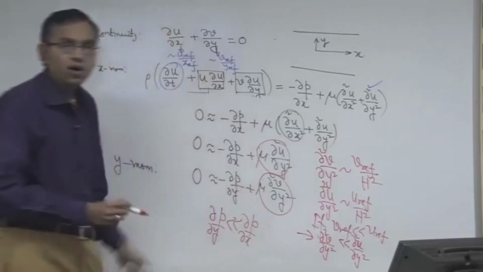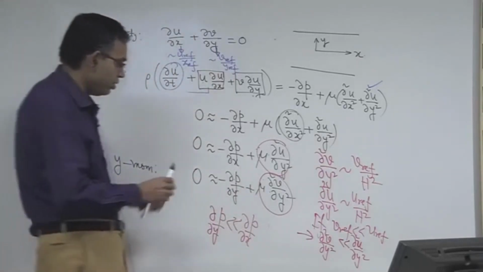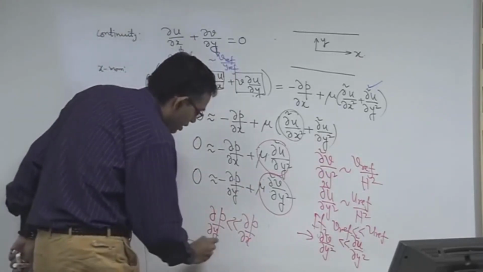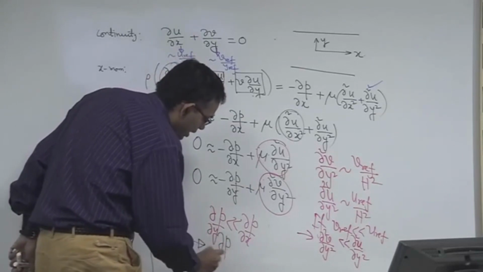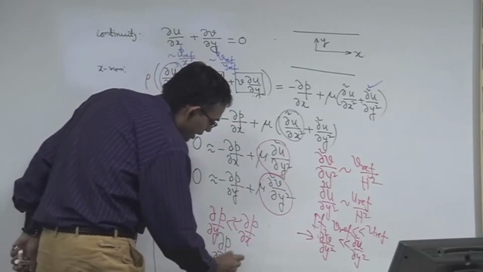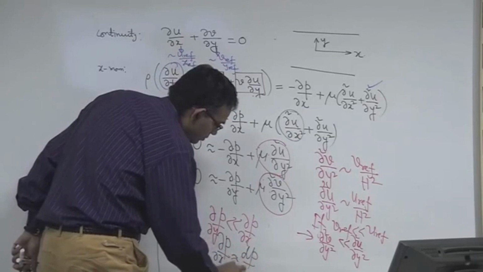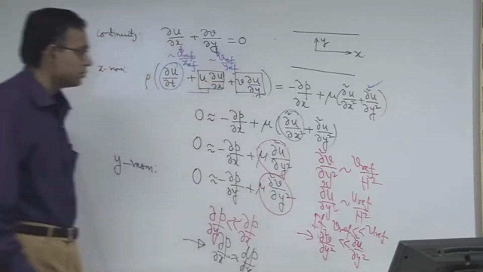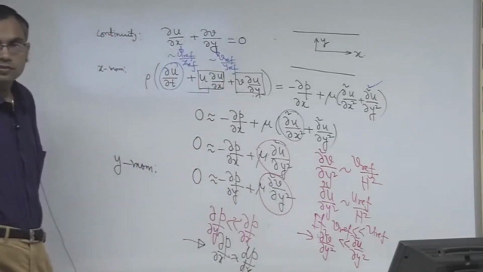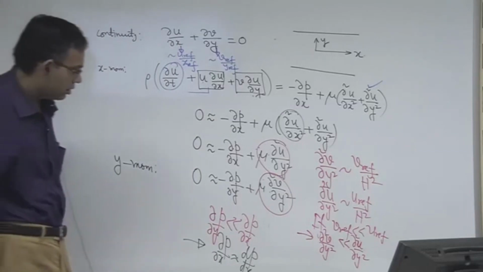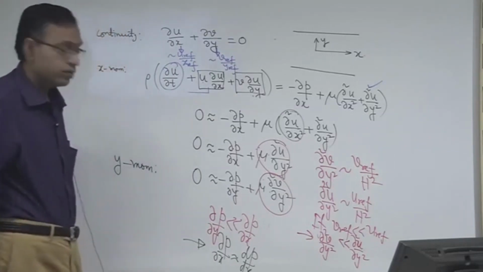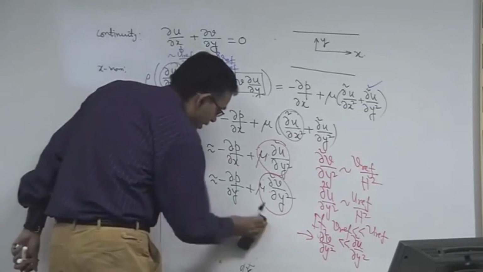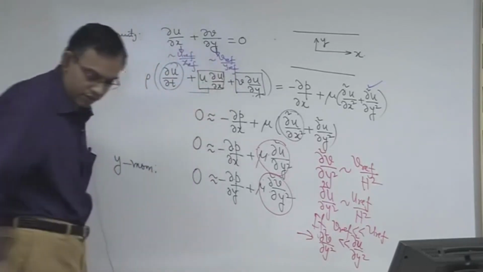If that is so, then you can write del p del x approximately as dp dx. I am writing it again because this part of the board is not visible.